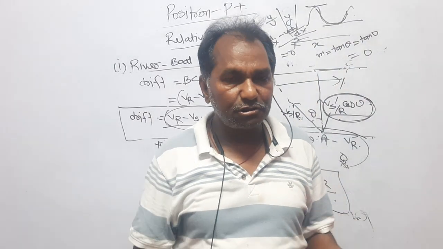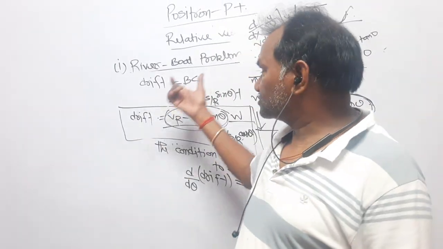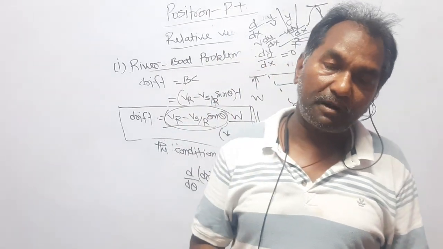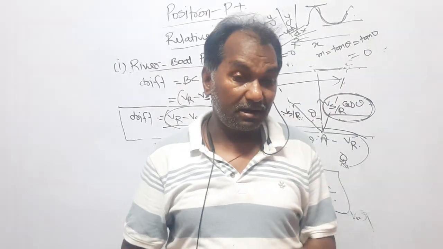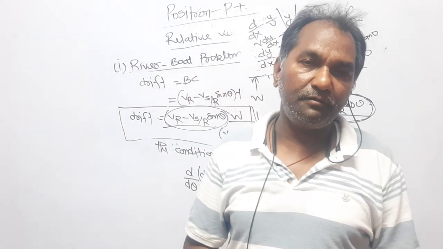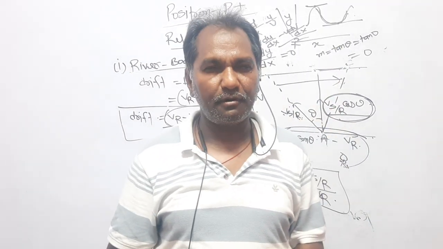We will solve problems on the concept of river boat. We will solve problems on the concept of airplane wind, and the third one is rainman. We will also solve the rainman problem.